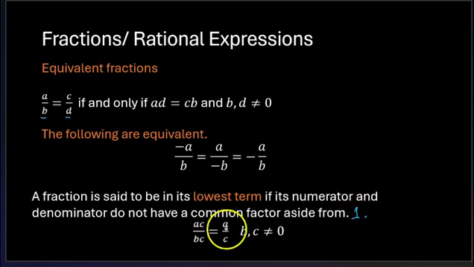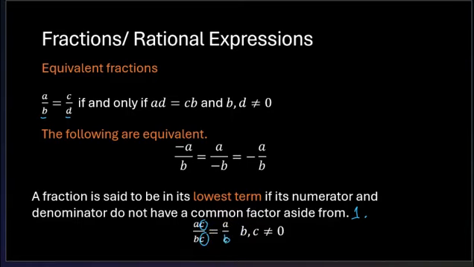Okay. So if you look at this one here, you have a common factor of c. The numerator and denominator have factor c. So that means we can still simplify this as a over b. Okay, so that is in the simplest form.